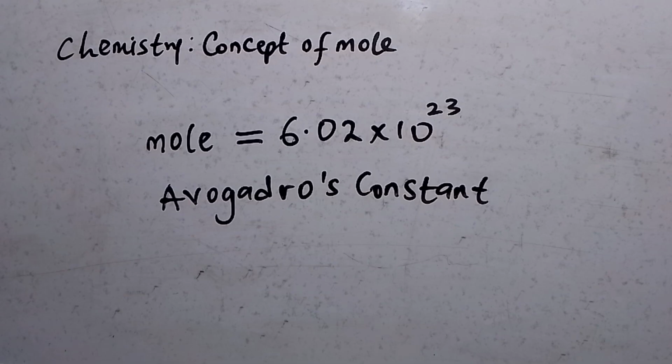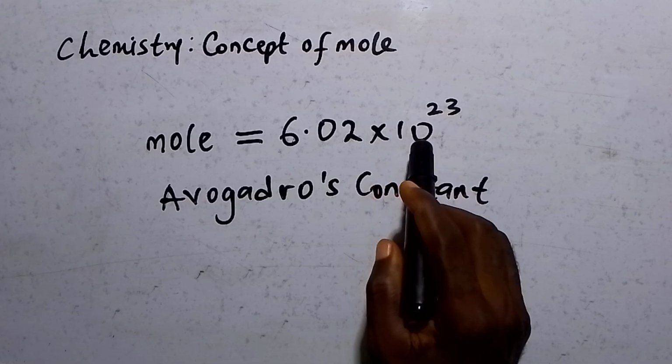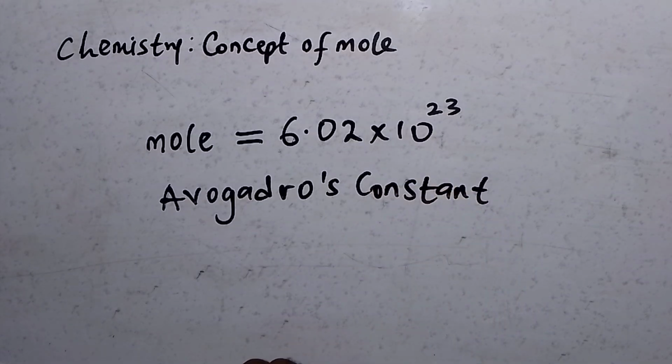Whatever you're bringing together, once it reaches 12, you call it a dozen. As long as you say dozen, the number will always be 12. That is how mole is. Once you bring anything together and it reaches this number, 6.02 times 10 raised to the exponent of 23, that is called 1 mole.